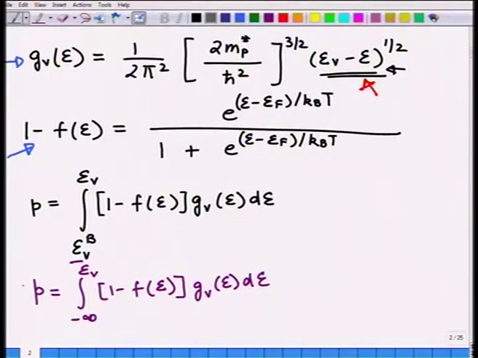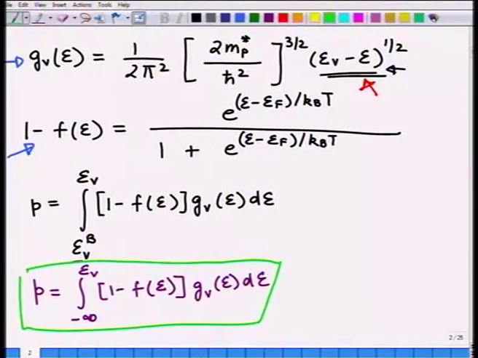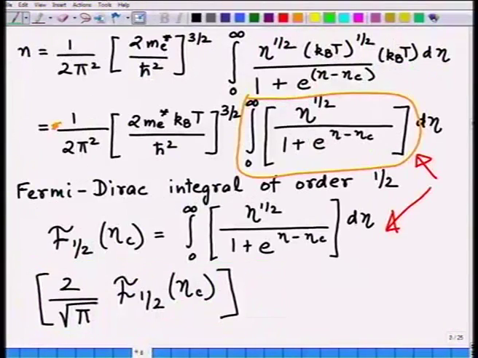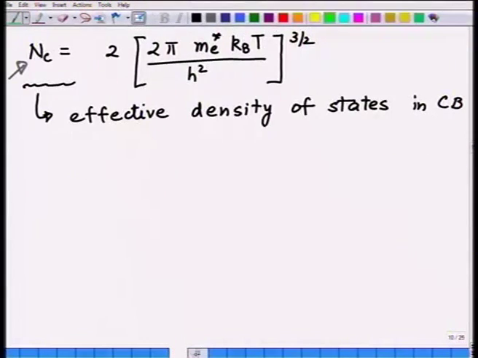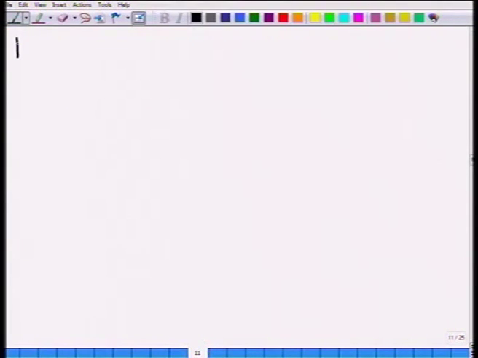What I mean is, remember we are going to carry out this integration. I want to do this integration of 1 minus f(E) multiplied by g_v(E). So, I am going to substitute 1 minus f(E) like this and g_v(E) like this. If we carry out this integration, let us see what happens for p. If we calculate p similarly, we will get an equivalent expression, and then we will handle both these things together.